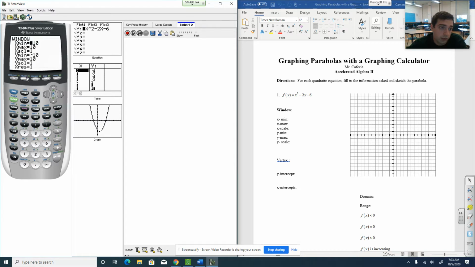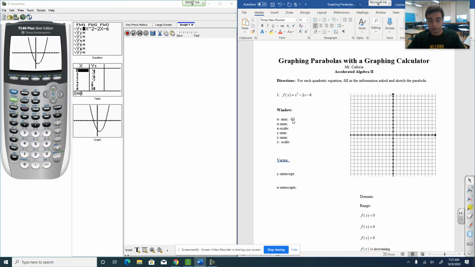So we're just going to adjust that. I recommend setting your window to this: -10, 10, 1. The scale basically means every line is an increment of 1 and not anything more than that. Then the y min will be -10 and the y max 10. So that's good. We're going to go back to graph. Over here, we can write down our window.